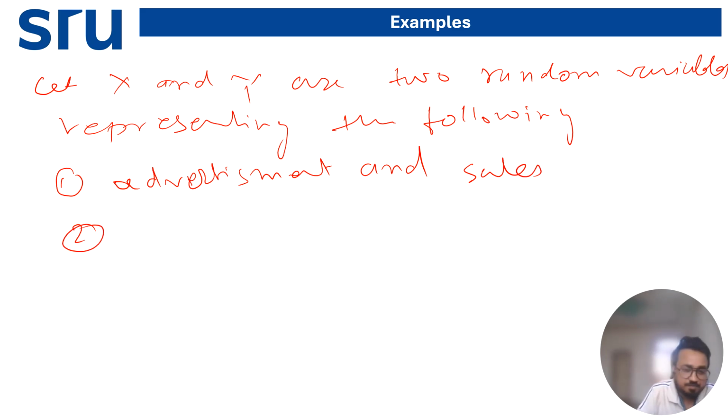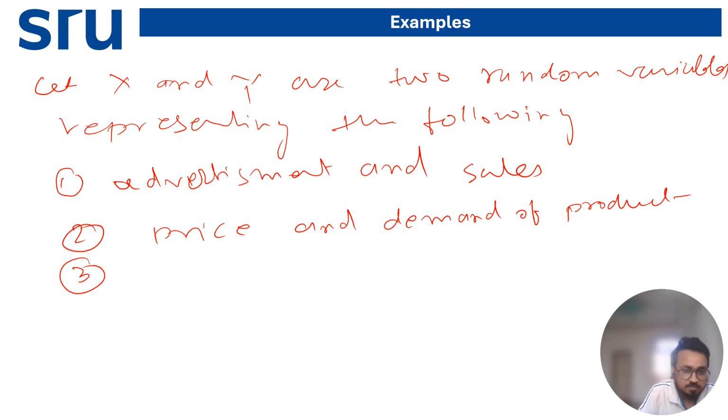Second one, price and demand of product. Third one, income and expenditure.